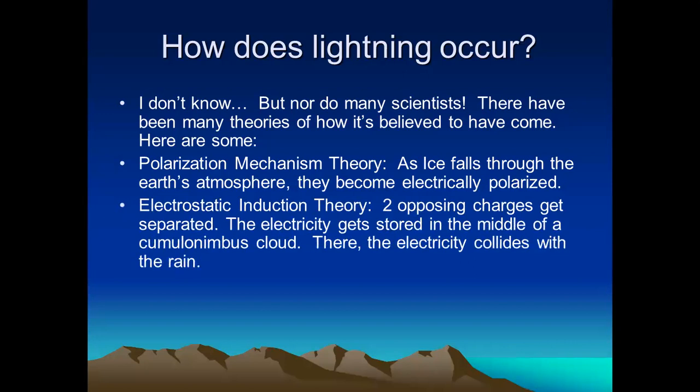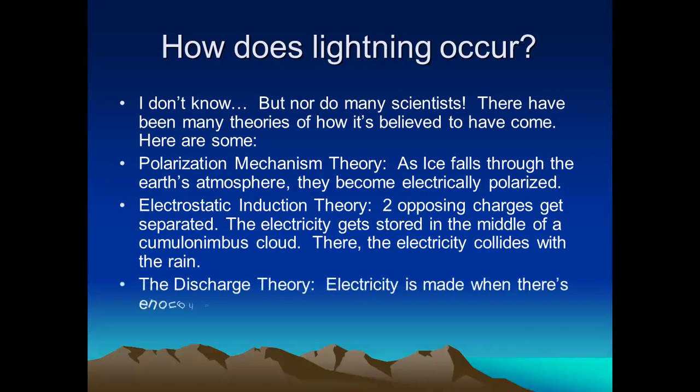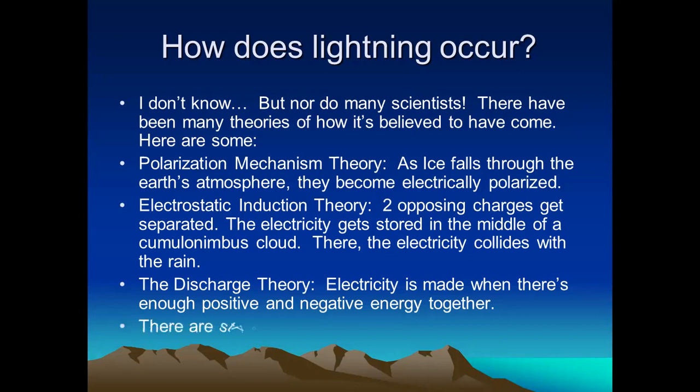When two opposite charges get separated, the electricity gets stored in the middle of the cumulus cloud. Okay, there the electricity collides with the rain. Okay, and the discharge theory: electricity is made when there is enough positive and negative energy together.